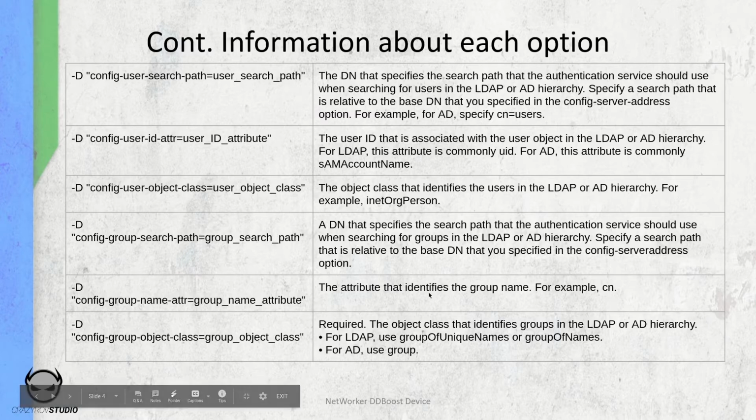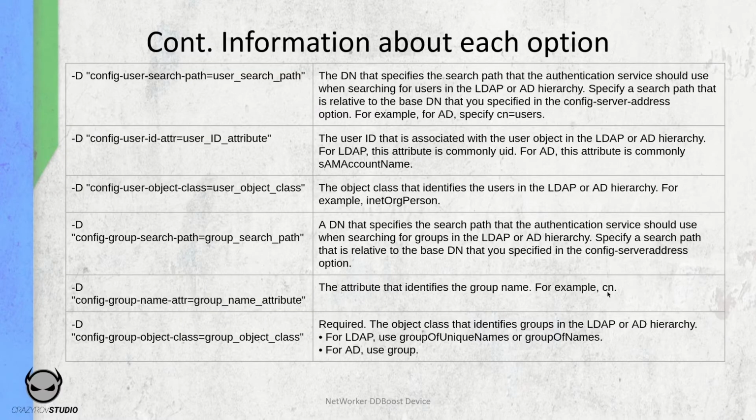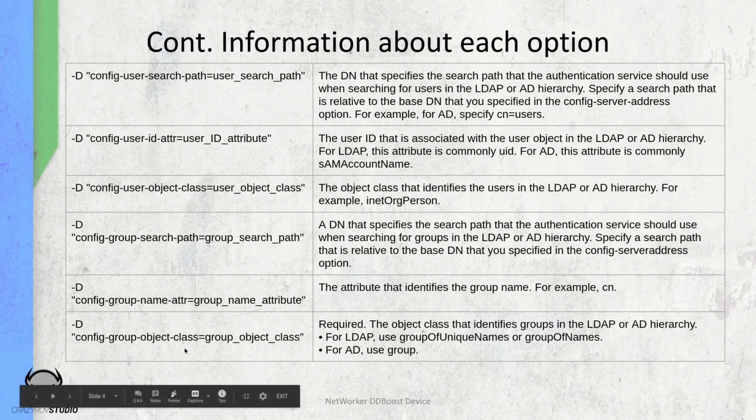Next is the group name attribute, and this is going to be CN, because if you see the name of this particular container, the attribute relevant to that is CN. So that is why you have to mention CN. Again, this will be automatically filled in. Next is the config group object class.